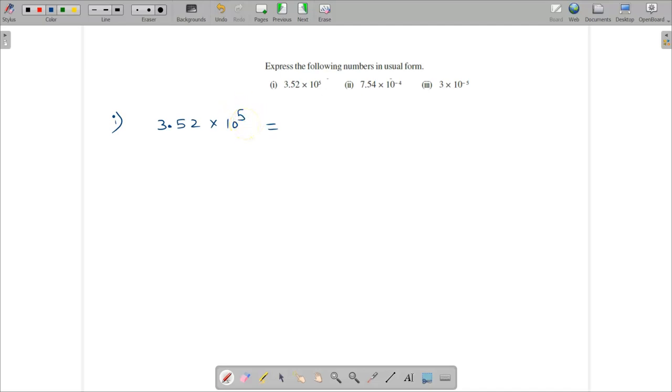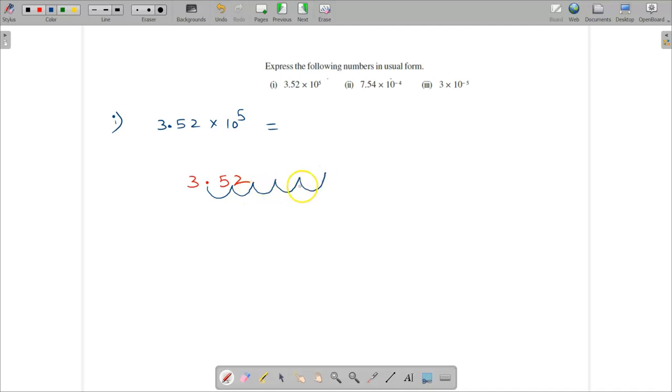So how do we convert? Whenever we have a positive power, we need to move the decimal point to the right side. The number is 3.52 into 10 power 5, which means this decimal point will be moved 5 times to the right. It is moved here for the first time, then the second time, then the third time, the fourth time, and the fifth time.